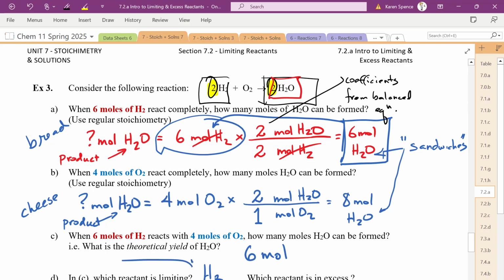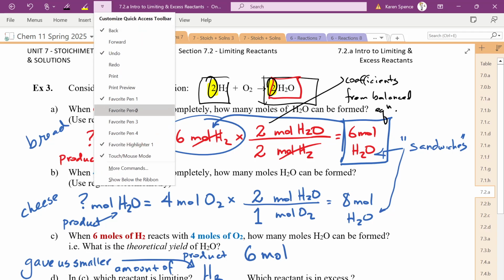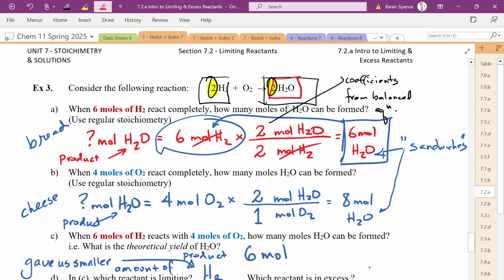Okay, so H2 gave us the smallest amount of product. Which reactant is in excess? Well, that would be our O2. That gave us our bigger amount of product.